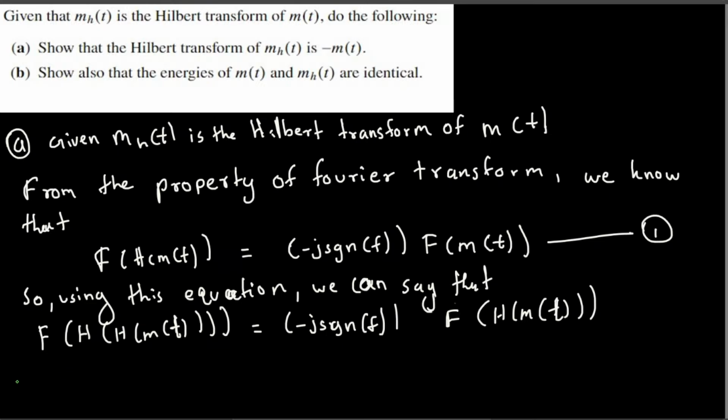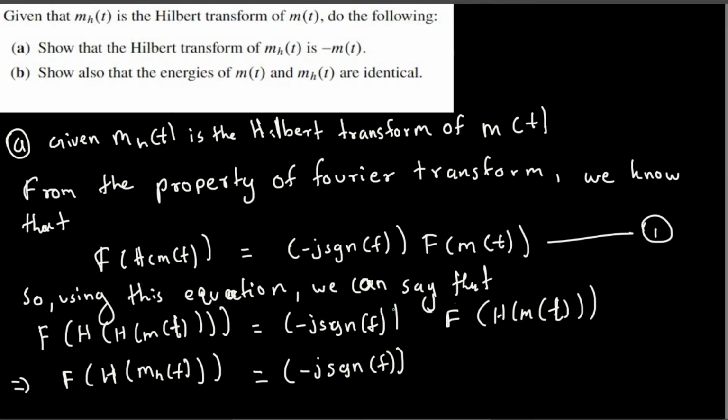Okay, if you do that, this is going to become the Fourier transform of MH of T, that's equal to minus J sine of F. And here we have the Fourier transform of the Hilbert transform of M of T, and that is this equation. Look at the properties.